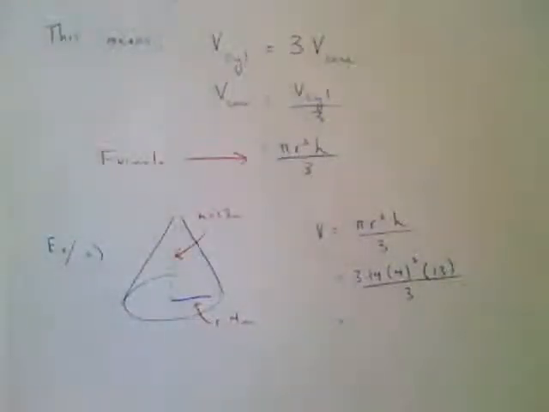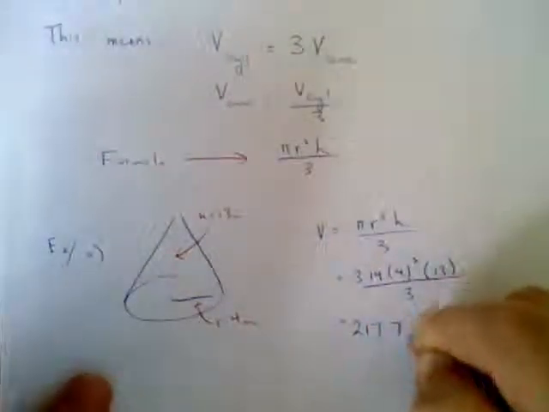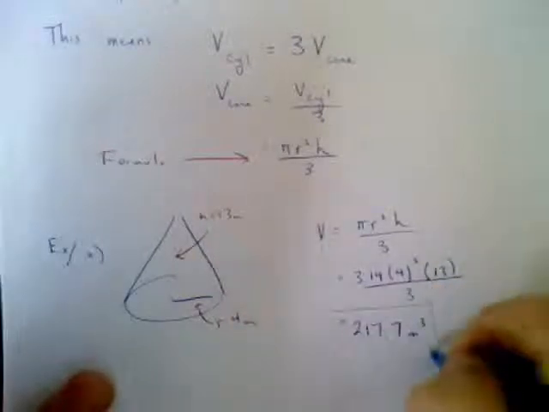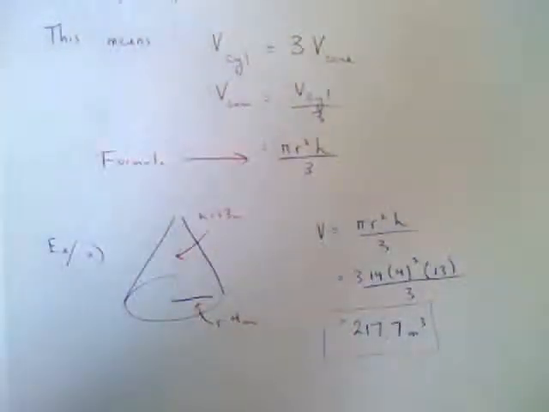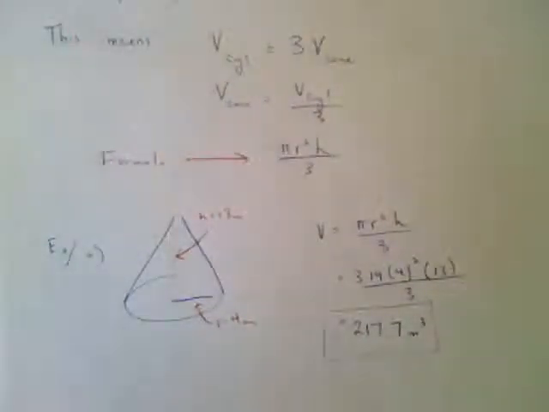If you're using a scientific calculator, take a moment, try it on your own, whichever calculator you are using, but make sure you get 217.7 meters cubed. Or if I made a mistake, make sure you talk about that as well, but I think that's good. As you can see, pretty nice formula to work with, nothing too crazy. Since you did cylinders yesterday, cones are much the same.